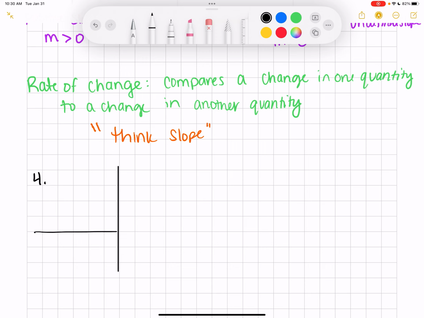So number 4, let's see, there's a graph, looks something like this. And again, this is all given to you. So this point here is 1, 1, and then the other point they give you is negative 2, negative 1.